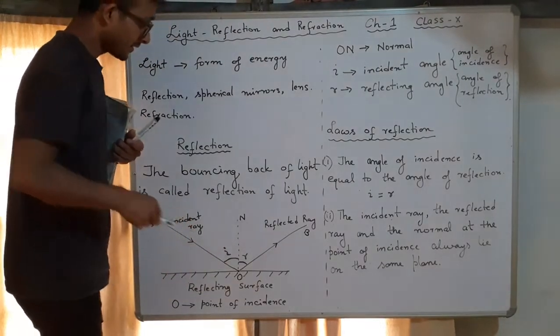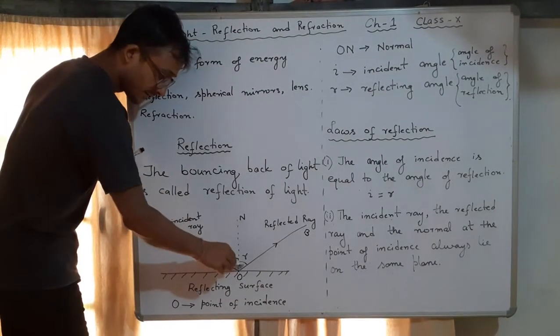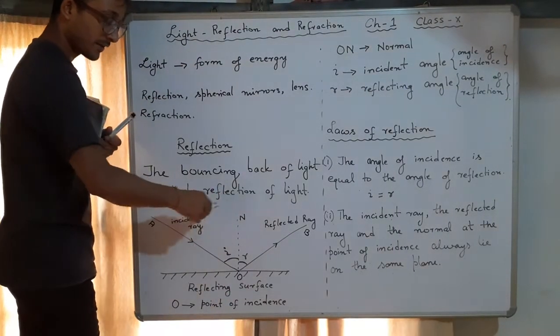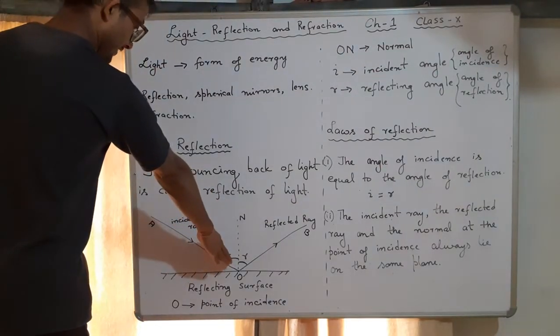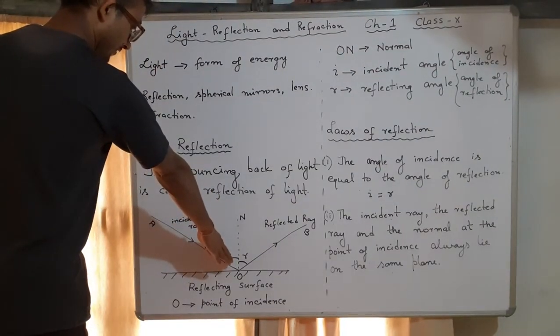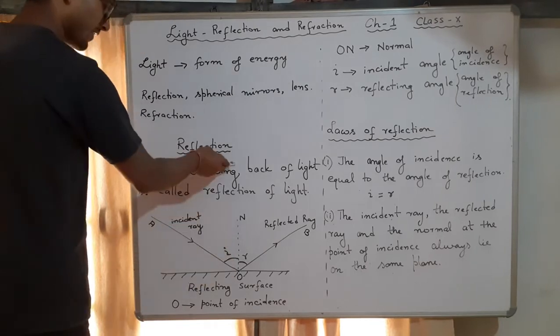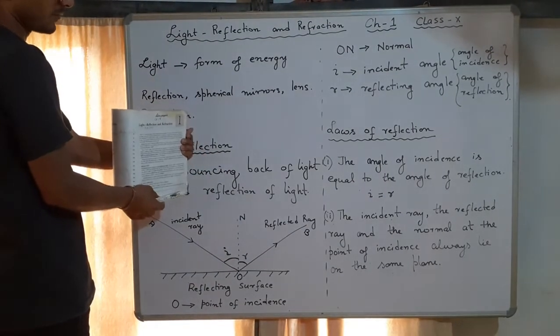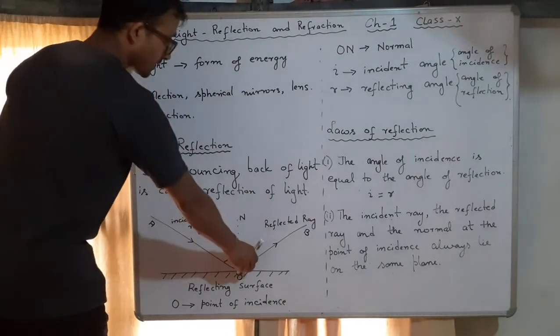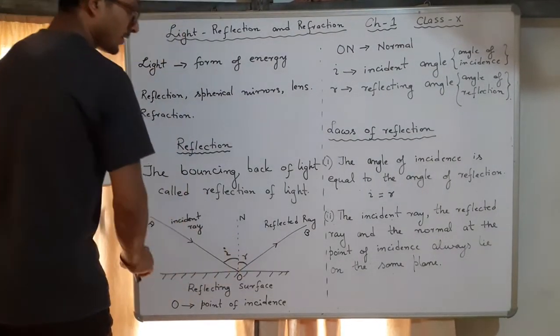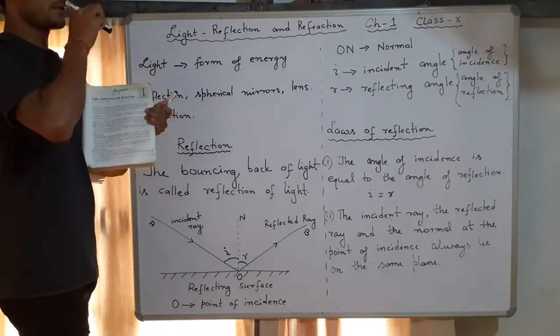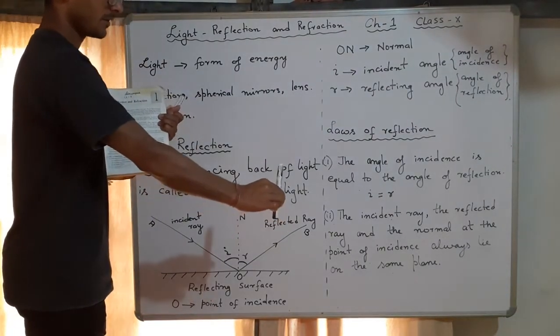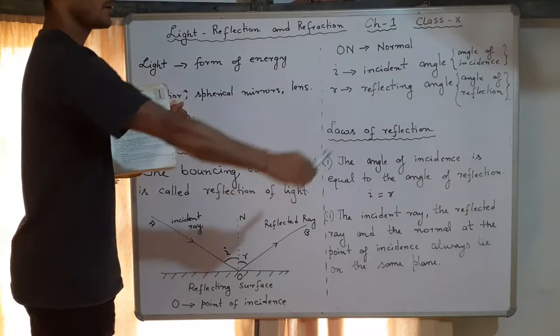It is not that the incident light is coming from here and the normal is here. You understand? See, this is the incident light from here, in my hand direction, and the normal is there. The plane becomes this one. This is not true. And then the third one is coming here. No. If the incident ray is coming from here, the normal is here, the reflection will be here.